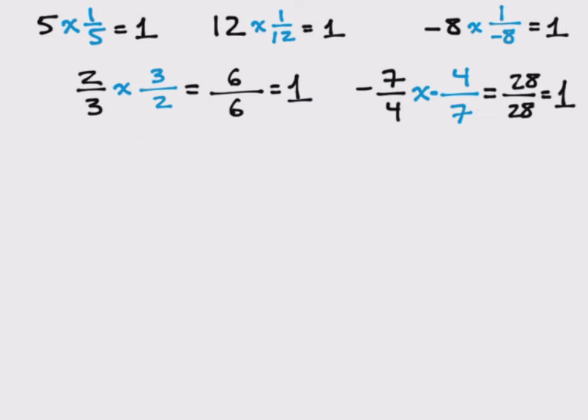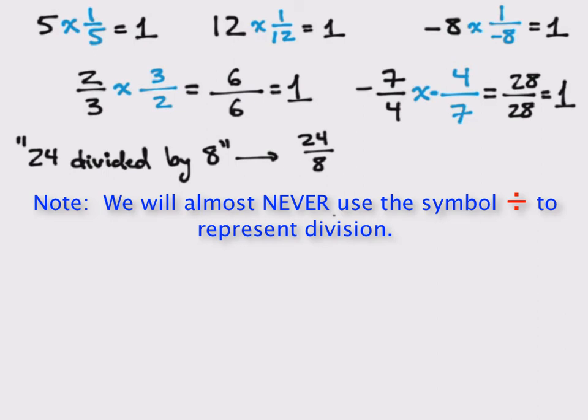All right, now let's talk about division. And first, how to write division. Suppose we wanted to write 24 divided by 8. The way we would write that is using a fraction. We would write this as 24 over 8, which means 24 divided by 8. A big note, we will almost never, ever use this symbol to represent division.